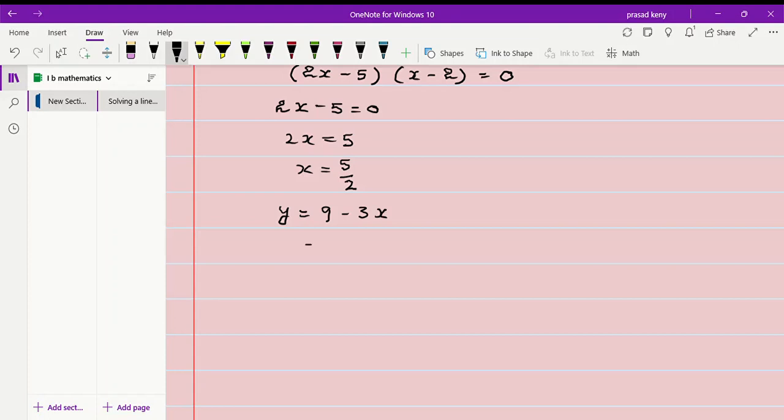So put x here. So 9 minus 3 into 5 upon 2. If you find this, it is 9 minus 15 upon 2, which will come out to be 3 upon 2. So one solution is when x is 5 upon 2, y is 3 upon 2.